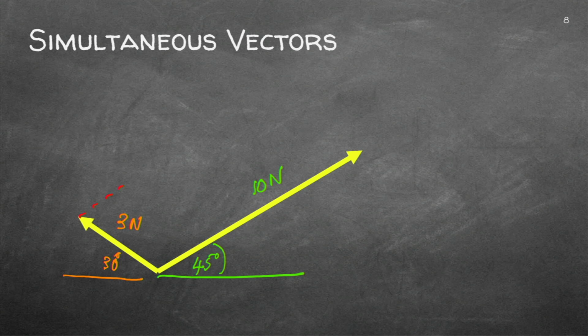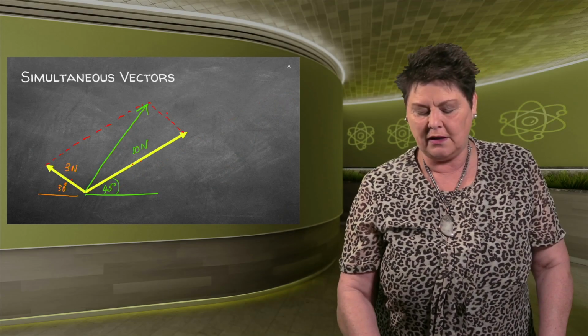So I can actually complete the parallelogram with that line, which is obviously the same as the 10, and that one representing the 3. The resultant will thus be the line from the starting point to the end point. At a later stage, we'll actually do the calculations, and I'll show you exactly how we can easily work out the resultant.